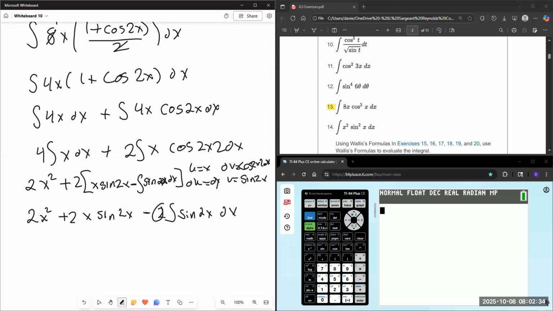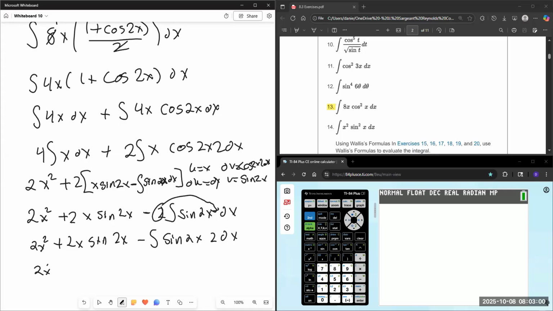So I'm just going to move this 2 inside because I need it to complete my du in there. So this is going to be 2x squared plus 2x sine 2x minus integral sine 2x times 2 dx. So this is a sine u du, and the integral of sine u is a negative cosine u.